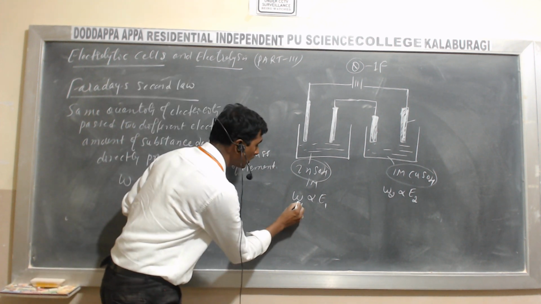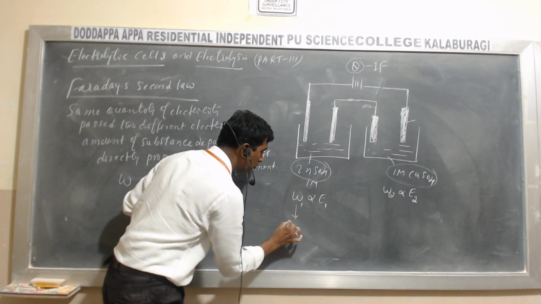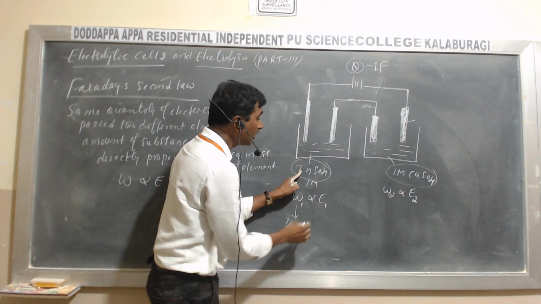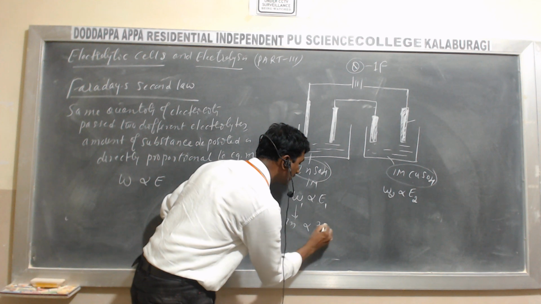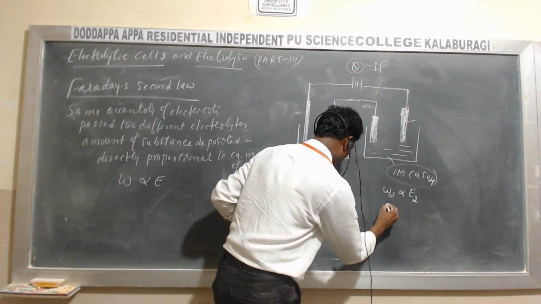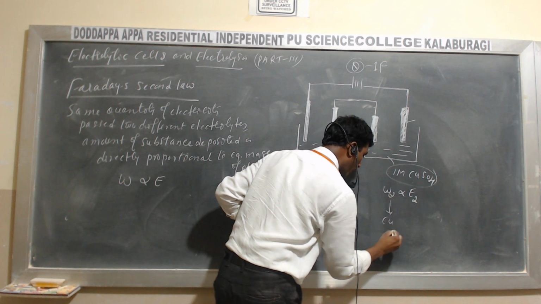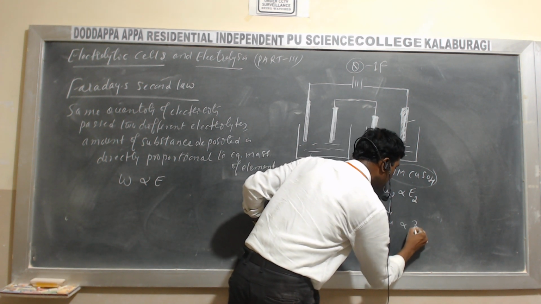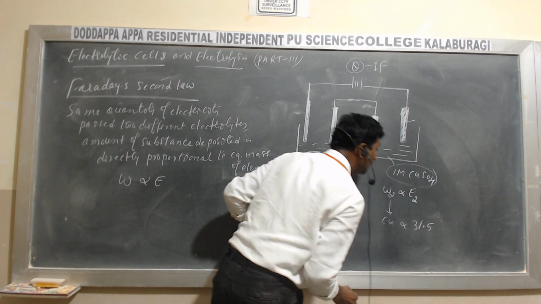So the deposition of zinc is directly proportional to the equivalent mass of zinc, which is 32. The deposition of copper is directly proportional to the equivalent mass of copper, which is 31.5.